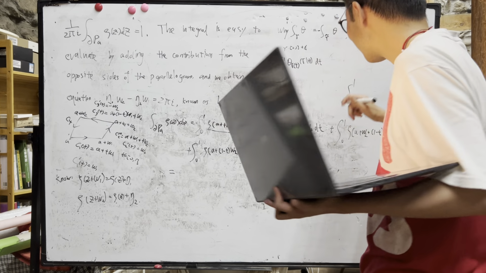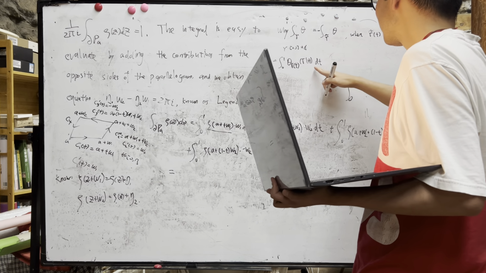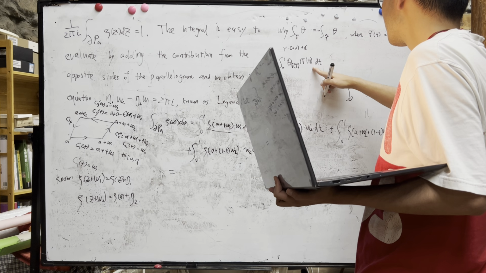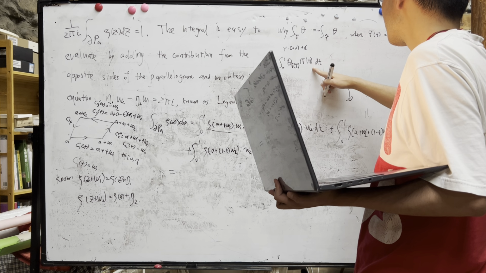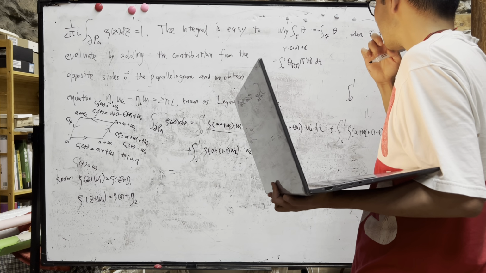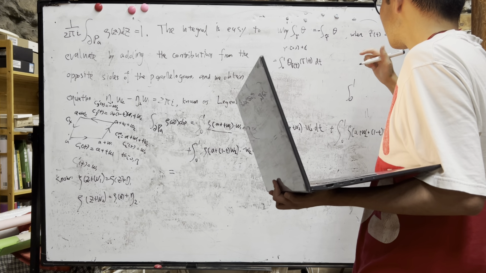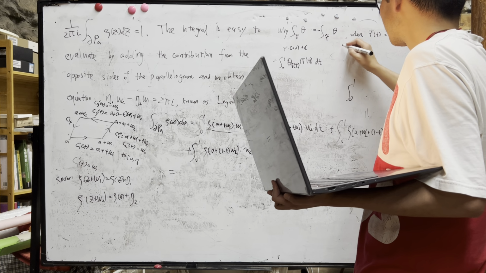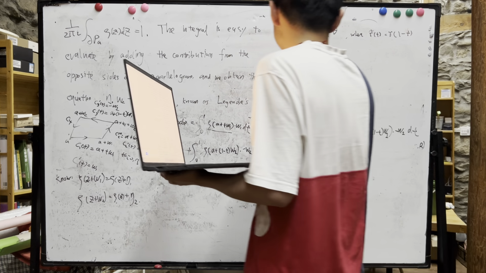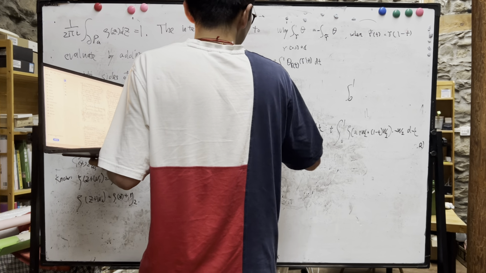And then what happens if we integrate over the negative one? So this is equal to the integral over this gamma of this theta, right?